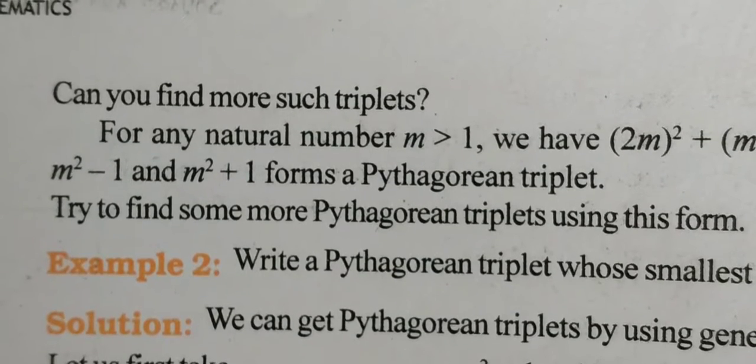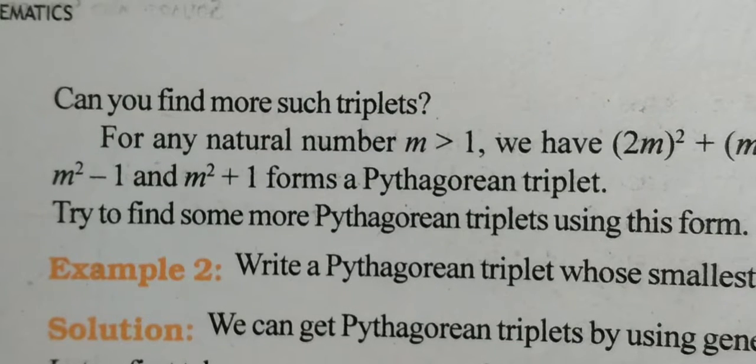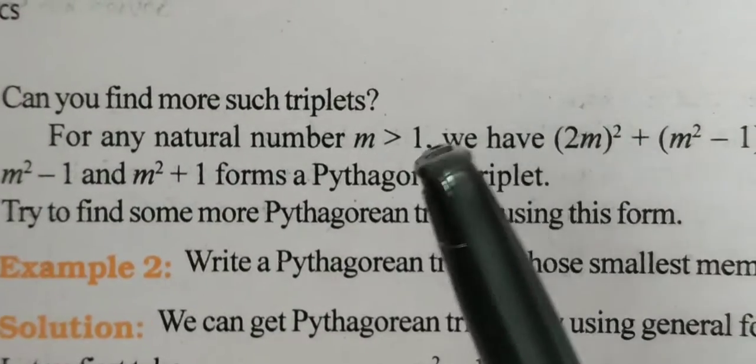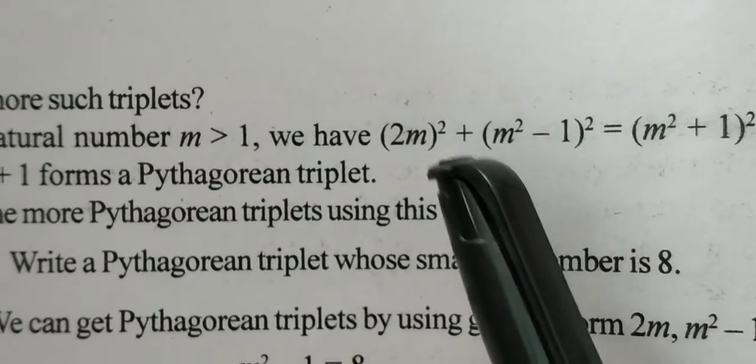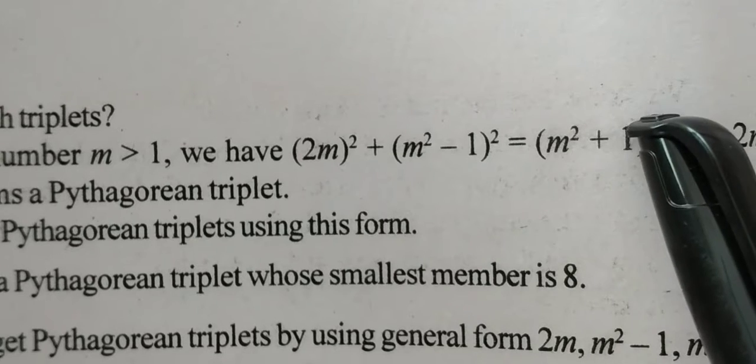Now, if one number out of the three numbers in a Pythagorean triplet is given to you, and you are asked to find the rest of the numbers, then we have a formula or technique with which we can find the other two numbers. So here we see, for any natural number m greater than 1, we have (2m) square plus (m square minus 1) the whole square is equal to (m square plus 1) the whole square.